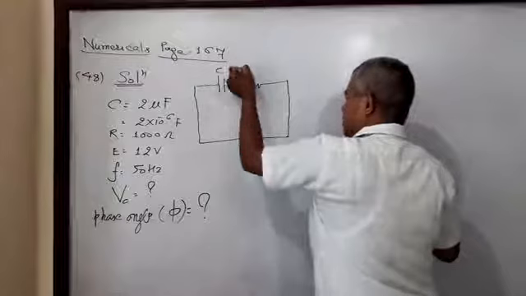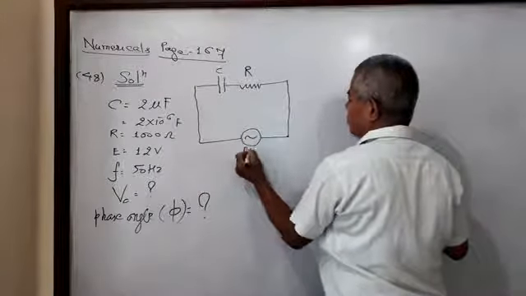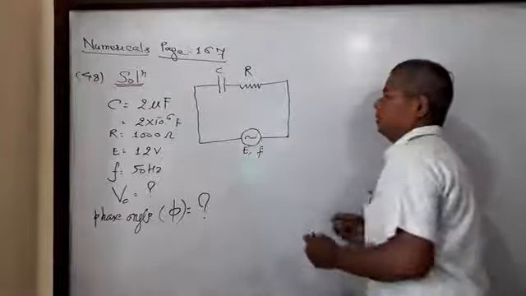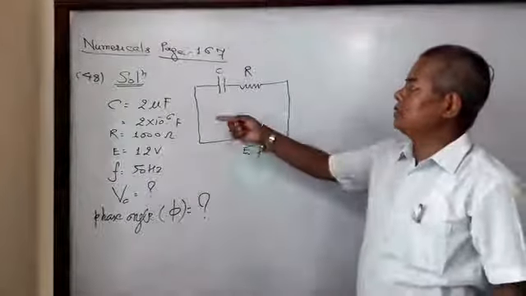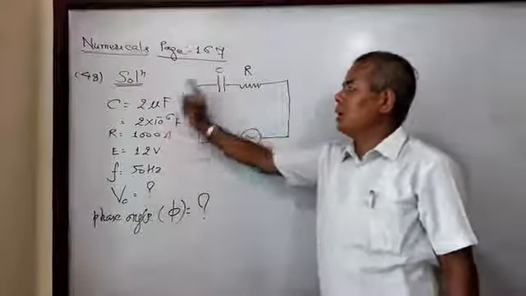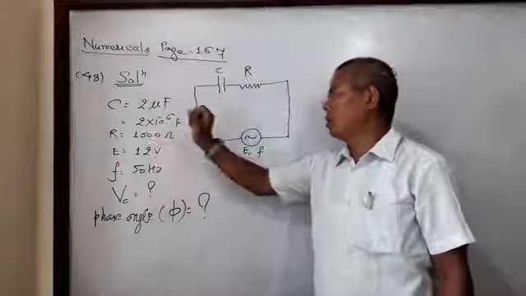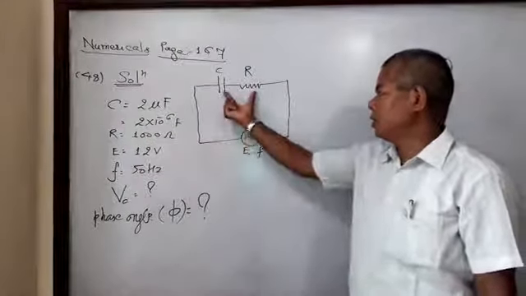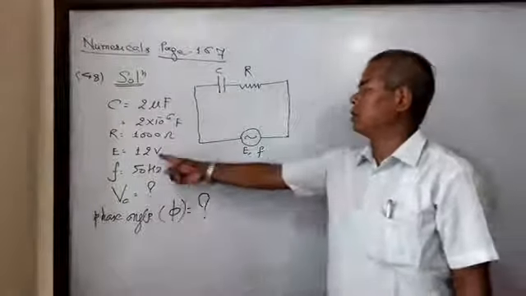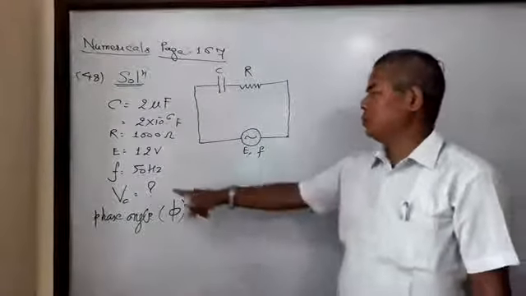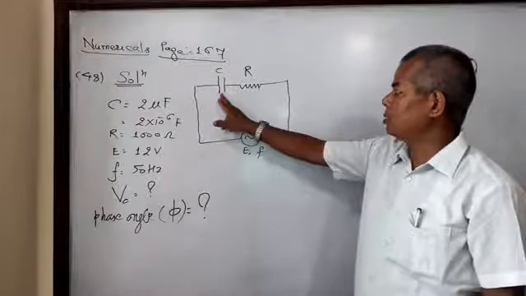This is capacitor, this is resistor, this is source of EMF whose value is E and frequency F. In the question, capacitor has capacitance 2 microfarad and resistor has resistance 1000 ohm. These are connected in series with an alternating EMF source of 12 volt whose frequency is 50 hertz. Then we have to find voltage developed across capacitor.